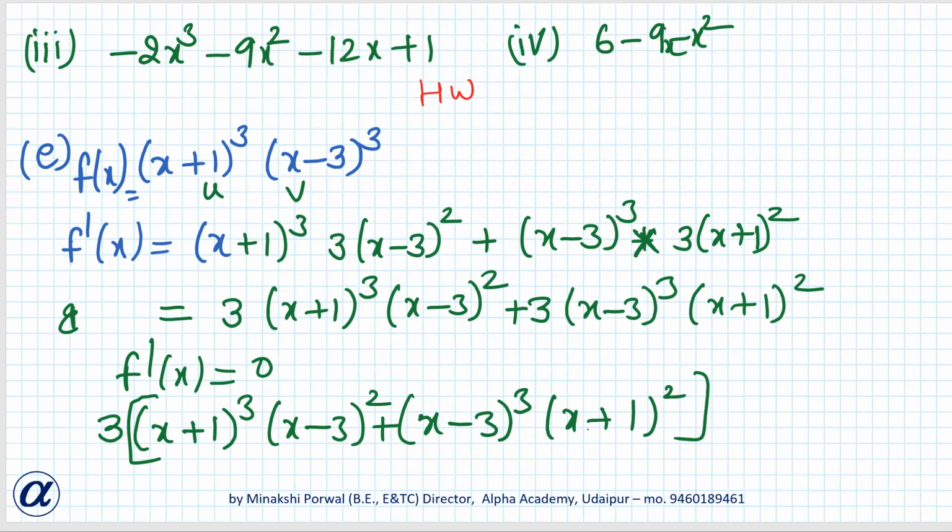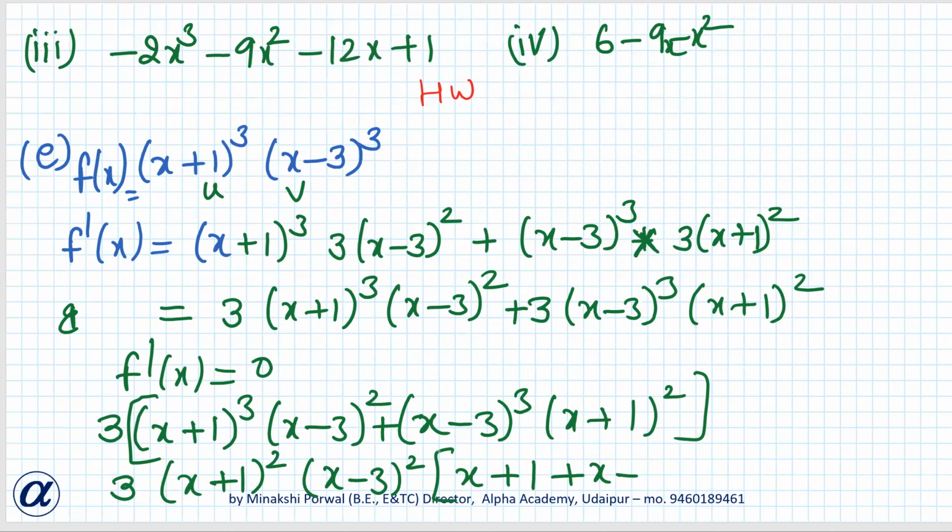Okay, so we can take common 3 into x plus 1 the whole square, x minus 3 the whole square. When we take common these two terms, x plus 1 plus x minus 3 will be remaining in the bracket.